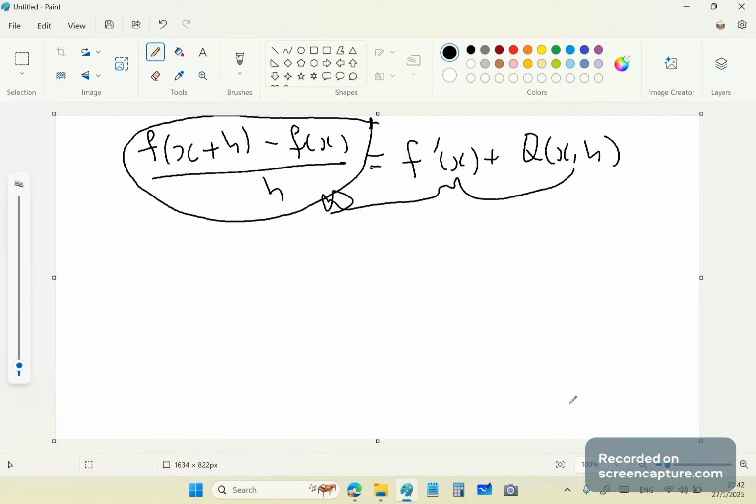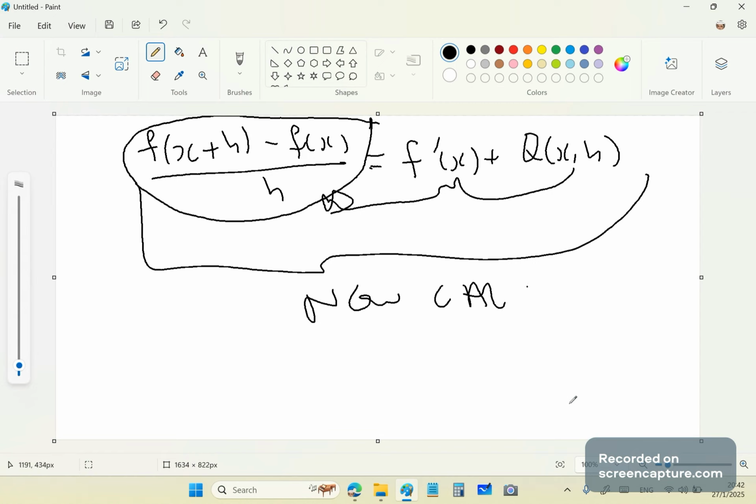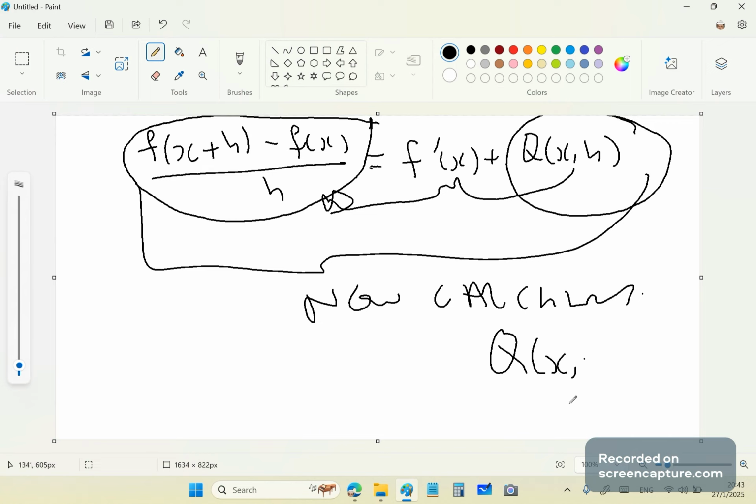Now, this isn't new calculus, by the way. This is not new calculus. It is realized from it. The new calculus is 100% better than this, and it doesn't have a slope difference like you'll have here all the time, except in the case of a straight line. In the new calculus, this slope difference is always zero.